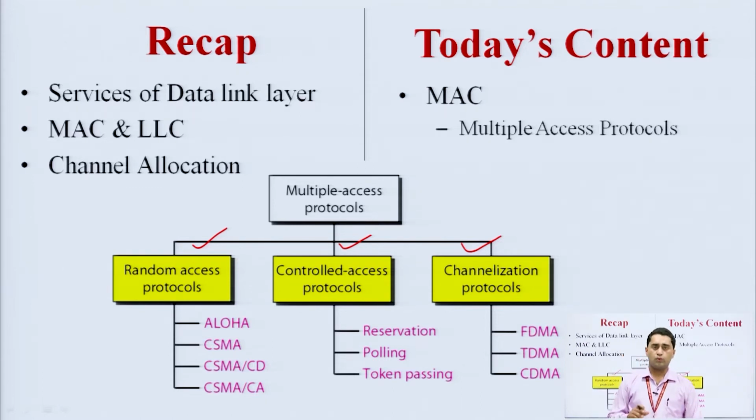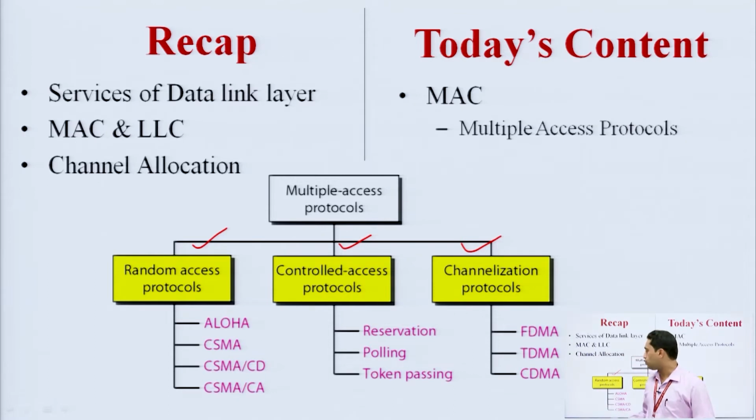Controlled access is where we are controlling the things based on the mutual consent of all the faculty members. If I take the same scenario of students and class, channelization means we are discussing the resources. In controlled access, we are talking about the faculty members who are available, meaning the devices in the network, and they are mutually discussing these things.